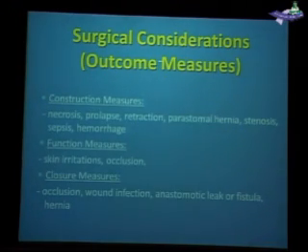So for instance, things we were interested in are the likelihood of necrosis, prolapse, retraction, hernia, stenosis, sepsis, and hemorrhage. Function: the likelihood of occlusion or peristomal skin irritation. And closure measures again.